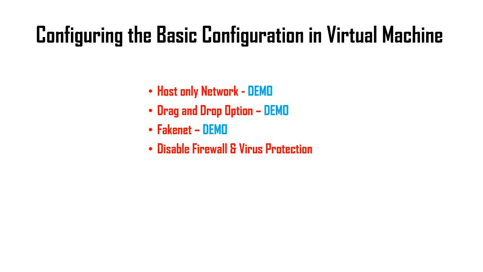So if any malware executes in the virtual machine, I mean in the guest OS, it may enter into the host OS also, into my main system also. So to avoid that, I have to configure my virtual machine with this host only network, right? Host only network. In a short while, we are going to see a demo of how to configure this host only network.